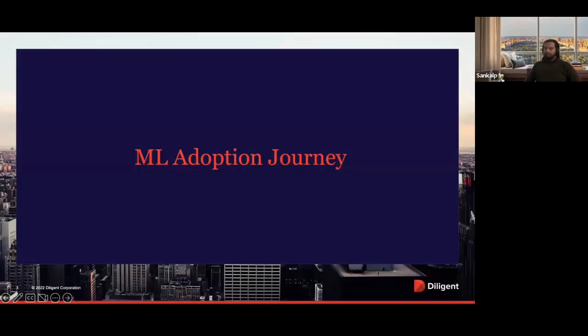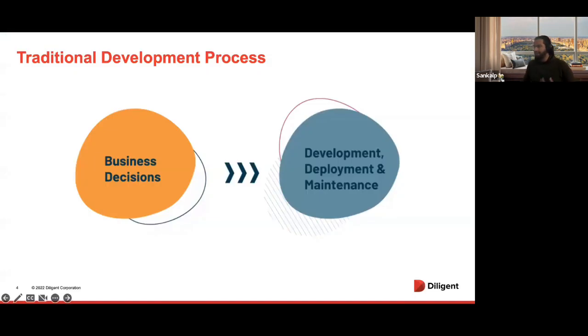All right, so talking about the machine learning adoption journey, right? Here we want to think about what exactly, if you were to start a machine learning project tomorrow, your adoption journey would look like. In order to understand that in the best possible manner, we'll have to look at what exactly the traditional development process is. This is at a very high level.